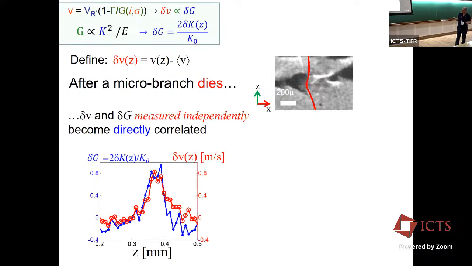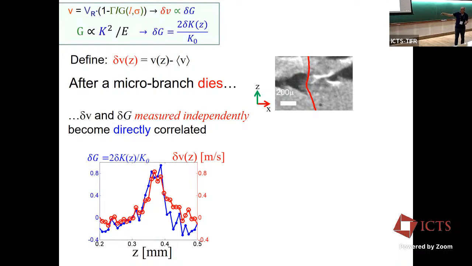What I want to show you here is that we can compare the instantaneous velocity of the crack at the moment it gets past a microbranch that dies, the stretched crack front, with what we would compute using the equation of motion that's hiding up here. We see that the velocity is proportional to the energy flux that flows into it, and it's also a local quantity.